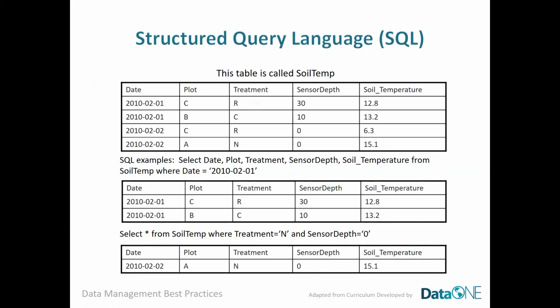So from this example, you can get a sense of how easy it is to use SQL, that is, to subset data from other tables based on very specific criteria. And then you can run additional analyses on the subset of data that you pull out of the larger data table. This is very, very simple SQL. There's much more that can be done with it, but this is just to explain and demonstrate what is possible.